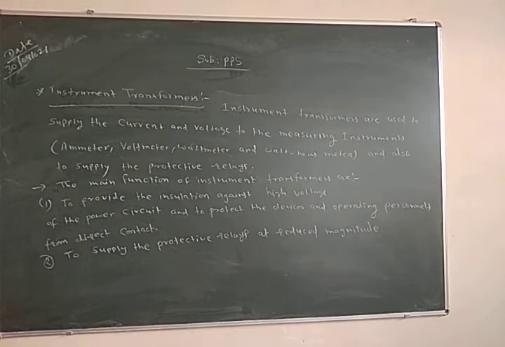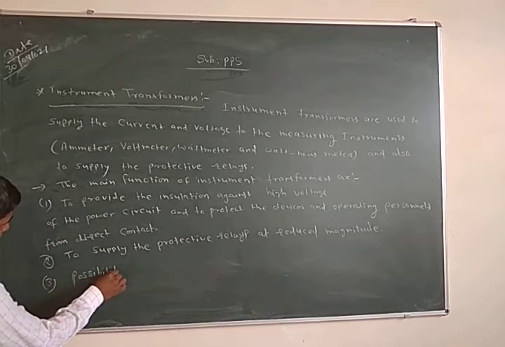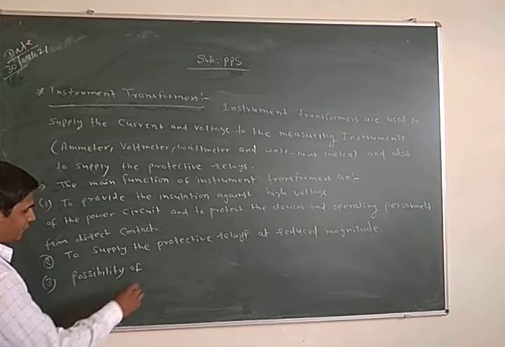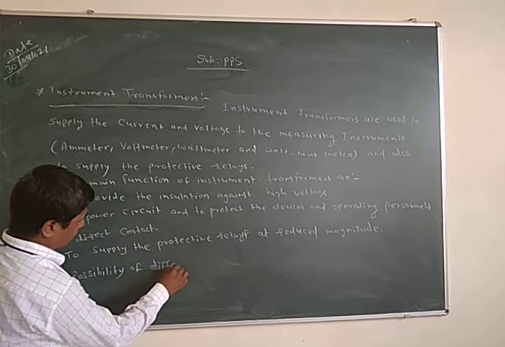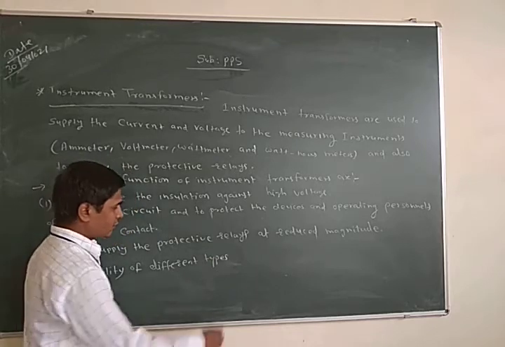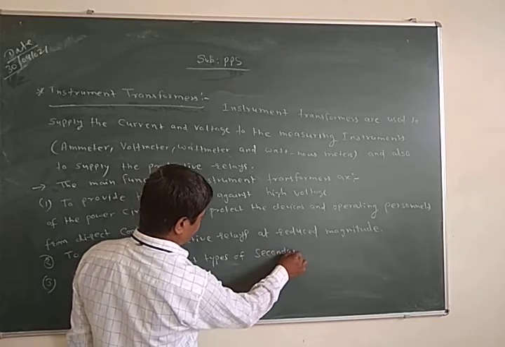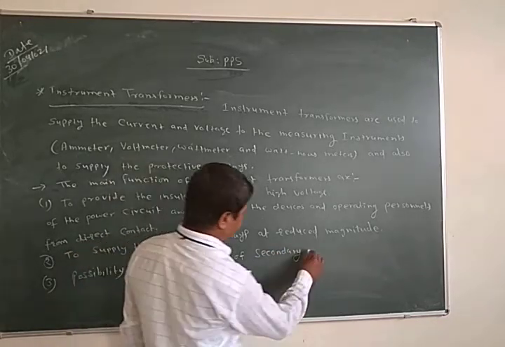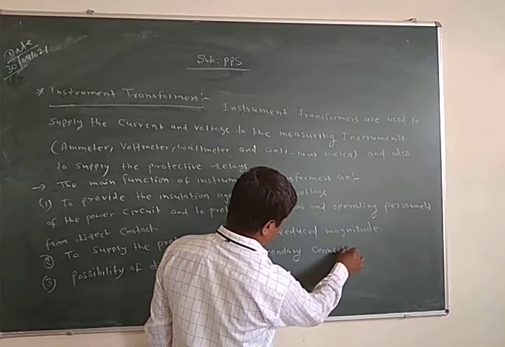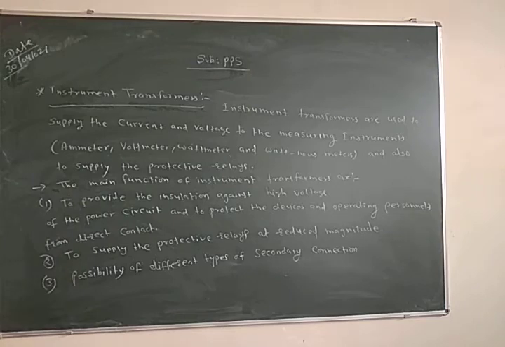Now the next is possibility of different types of secondary connections. Different types of secondary connections means star, delta, V connection, etc.